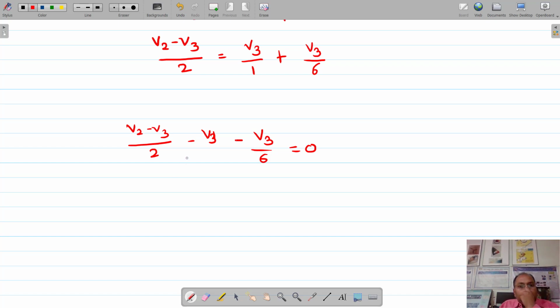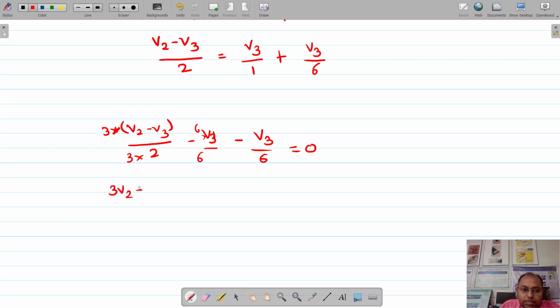Okay, now what is the LCM of this? Let us say 6. Let us multiply by 3 to this term and 3 to the numerator term as well. Okay, let us multiply and divide by 6.